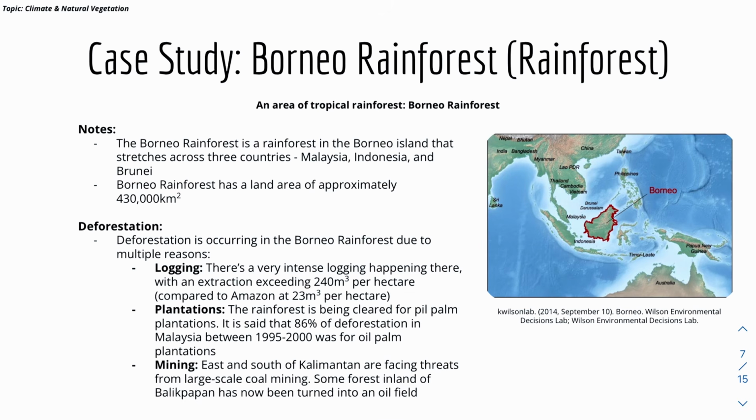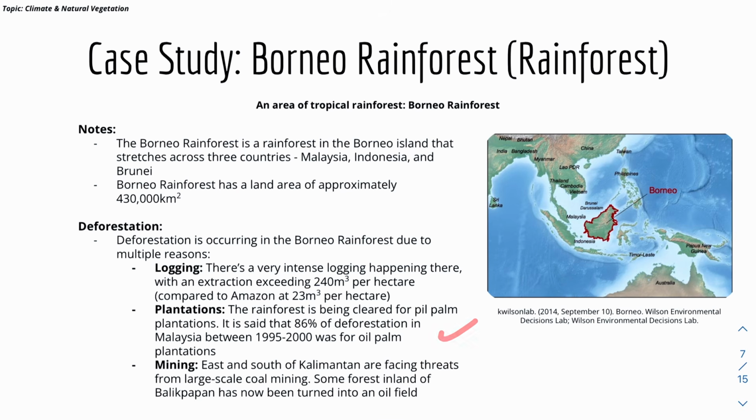So here are some notes on deforestation in the Borneo Rainforest. It's happening due to multiple reasons. For example, logging, where there's very intense logging happening there, with an extraction of over 240 meter cube per hectare, compared to the Amazon at 23 meter cube per hectare on average.